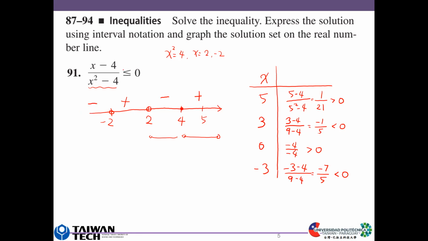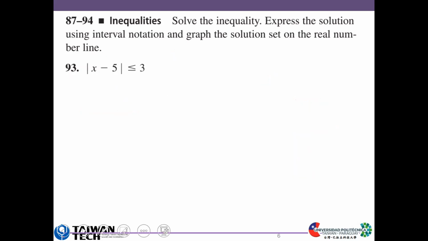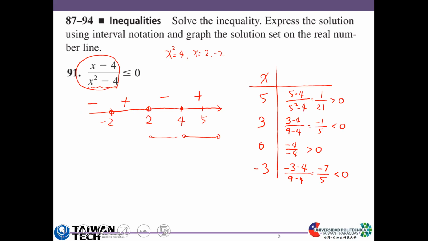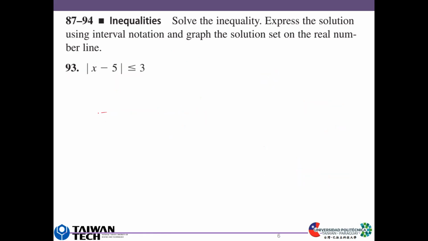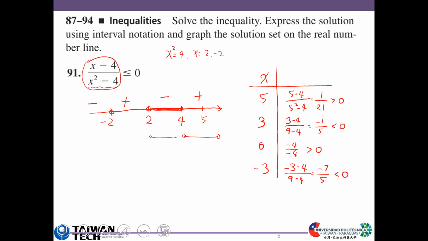So to satisfy the inequality, this whole expression needs to be less than or equal to 0, which means this segment and this segment, and also these segments. Okay, and because it asks us to express the solution using interval notation, this is the graph.